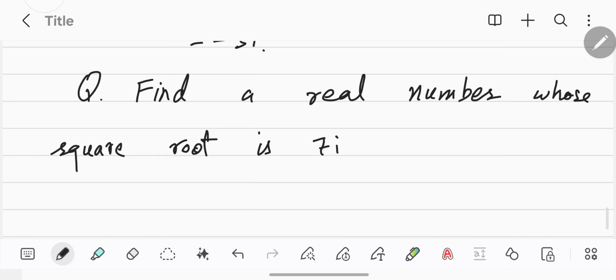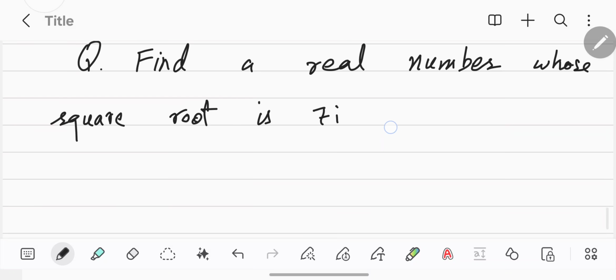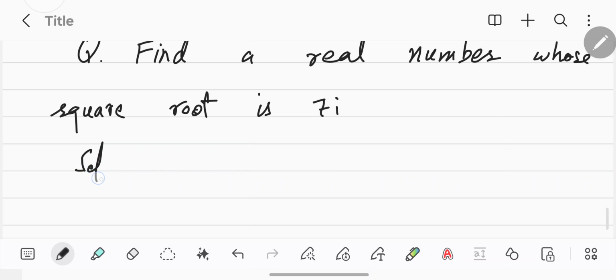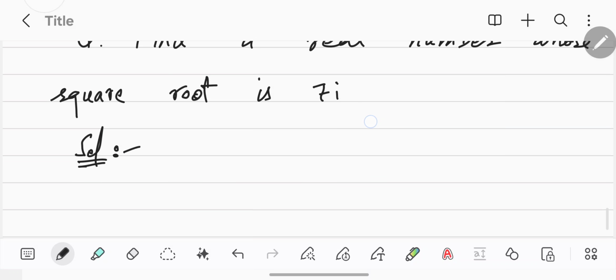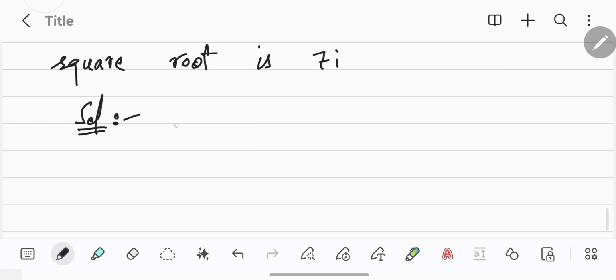Okay, let's do another question. First look at this question carefully. Find a real number, a number which is on the real line, whose square root is 7 iota. Here is the solution. How can we find this real number? What is our target?